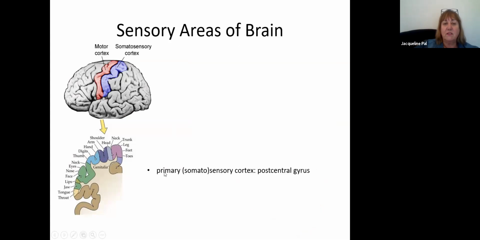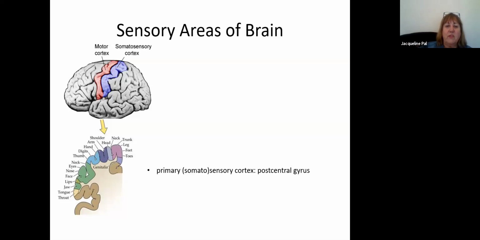That postcentral gyrus is known as the primary somatosensory cortex. Some people just call it sensory, but the reason why we like somatosensory is so you understand it's sensory from the body. It is not special senses like vision and smell and hearing and equilibrium.